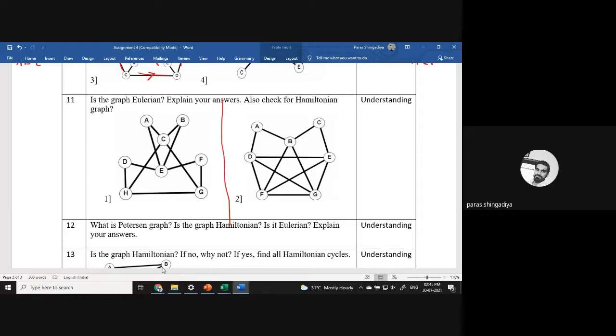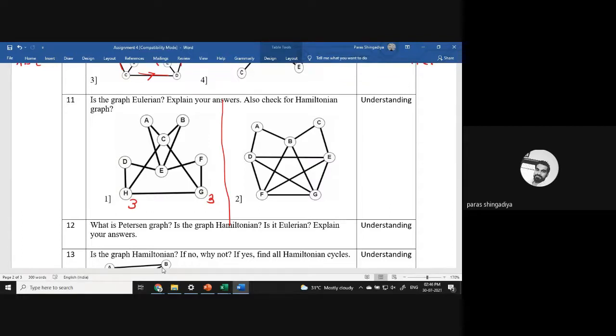Otherwise it is not possible. So here the degree of H is 3 and G is 3, so both have odd degree. So in that case, it is not possible to find such a closed walk which covers every edge exactly one time. Okay, let's check it. Is it possible or not? But it is not possible, and we can directly say by using this condition.